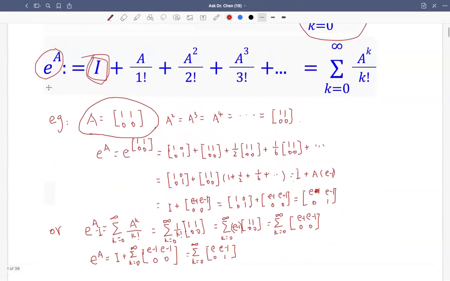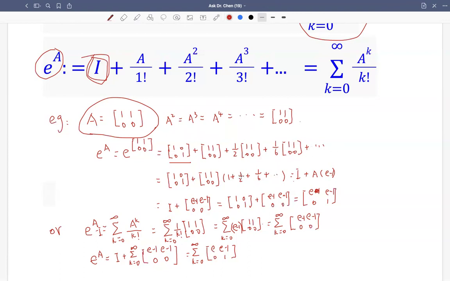Then we just put it into the definition of e raised to a matrix. This is the identity matrix, then plus the matrix divided by 1 factorial, which is 1. A squared is still A, so divided by 2 factorial. Then A cubed, still A, divided by 3 factorial, and so on.